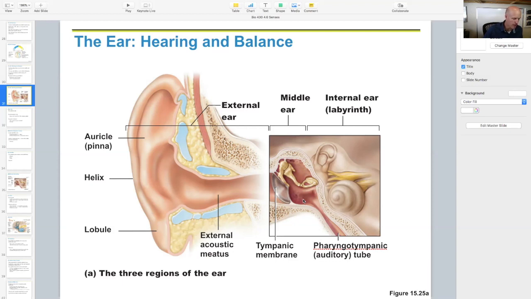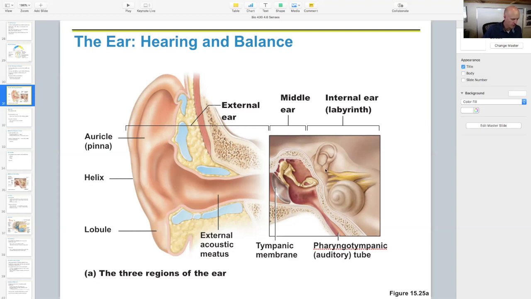It's a small air-filled sac, and it is laterally connected to this eardrum, also known as the tympanic membrane, and more medially to the inner ear, it's connected by what we call the oval window. And there are three separate bones, the smallest bones in our body. We have the malleus, the incus, and the stapes. Those are the three different bones, and that's going to bring it to the inner ear.